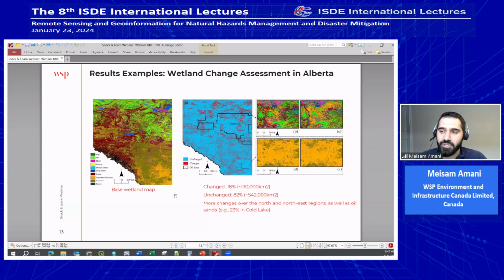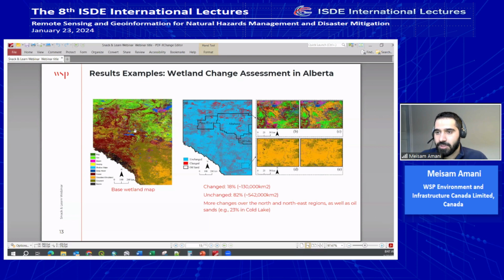For example, here is the change versus non-change wetland map. The red area shows changed area and unchanged areas are blue. We have seen that most changed areas are located in these oil sand regions where there is a lot of oil exploration. There were also some changes due to cropland activities.